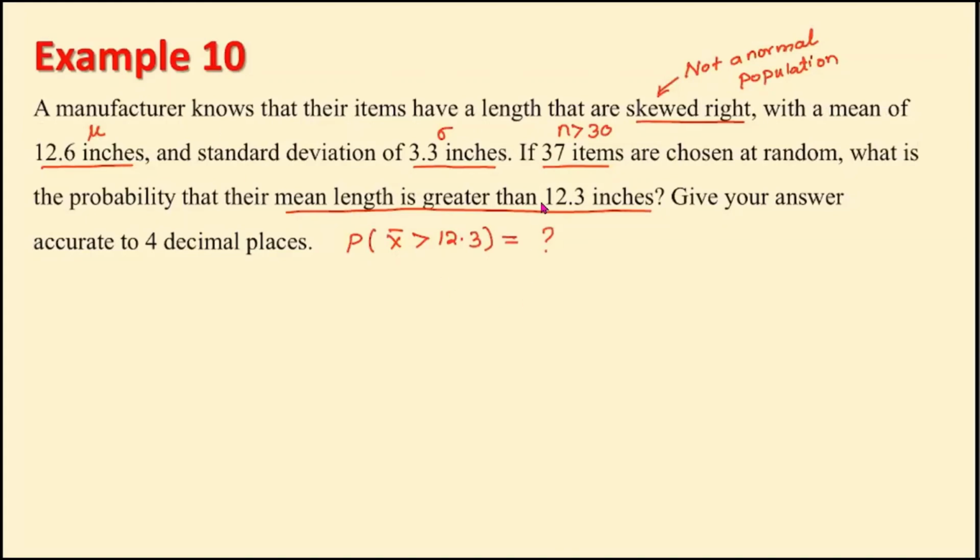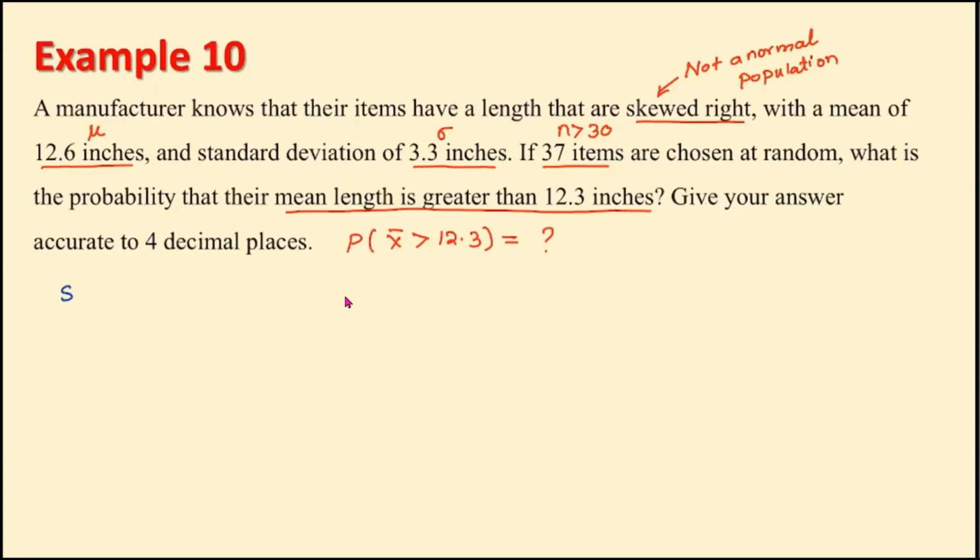Since the sample size is greater than 30, the sampling distribution of sample mean will be normal. Whatever the population may be, left skewed, right skewed, or normal, if the size of the sample is greater than 30, the sampling distribution will be normal. That's what we know from the sampling distribution.